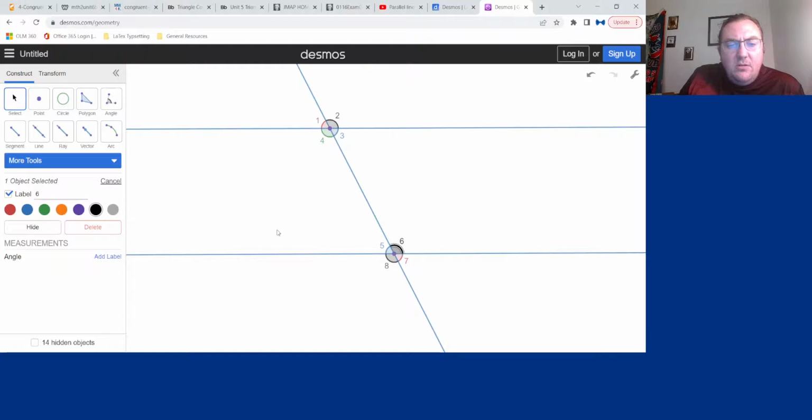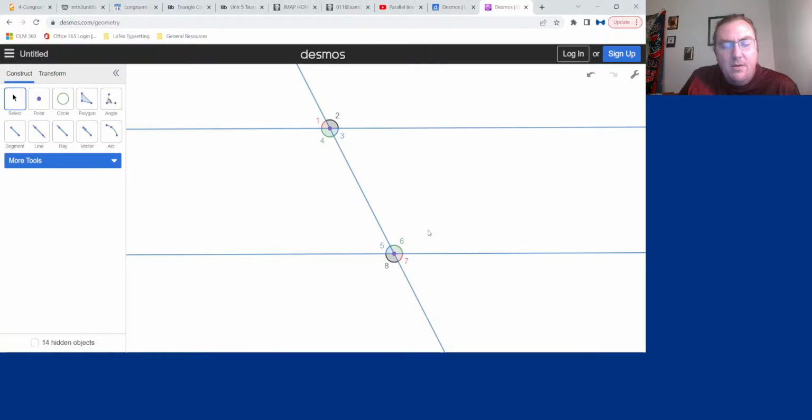But let's look at number 6. If I also look at number 6, angle 5 and angle 6 have to add to 180. And because we know 3 and 5 are congruent to each other, that means 4 and 6 have to be congruent to each other.